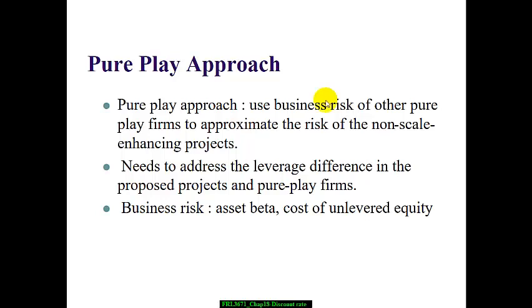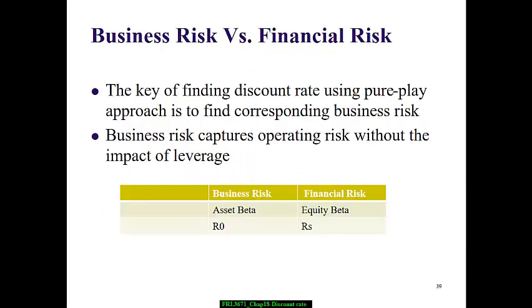One thing we do have to address is the leverage effect. Maybe some of the pure play firms are levered. Maybe the new proposed project is also levered. They are not necessarily leveraged in the same proportion. So the leverage difference will make things complicated. In order to separate the financial risk, which is associated with the leverage ratio, we want to separate them.